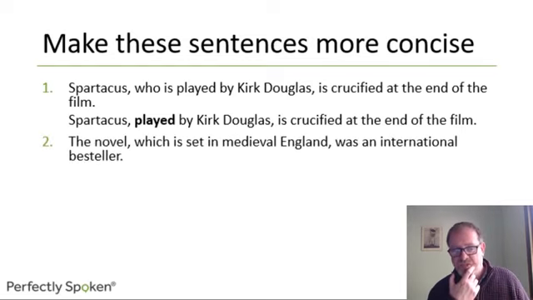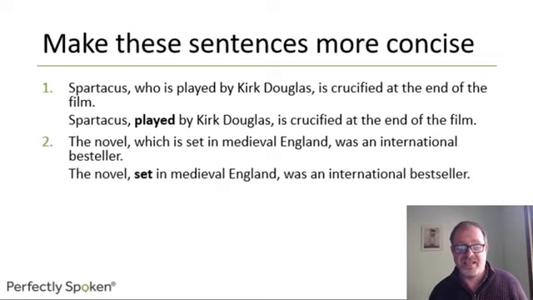The novel, which is set in medieval England, was an international bestseller. I was thinking of something like Ken Follett's Pillars of the Earth or something like that. To make this more concise, we take out the relative pronoun and auxiliary verb.